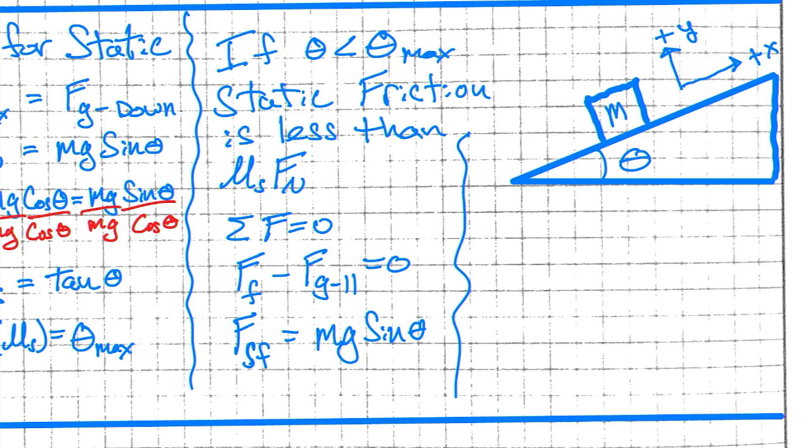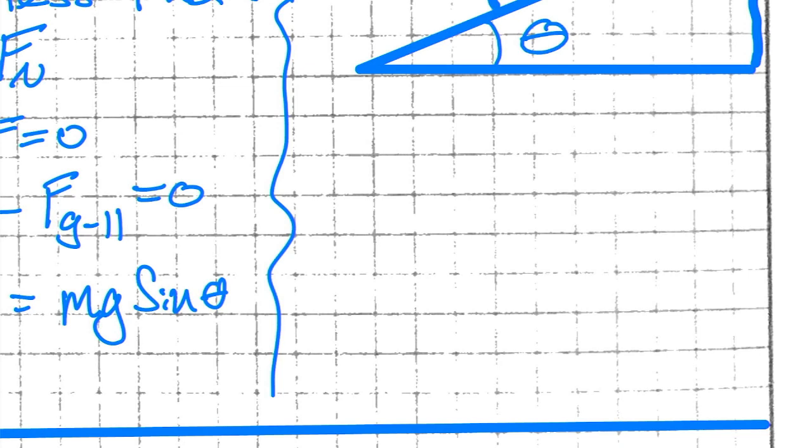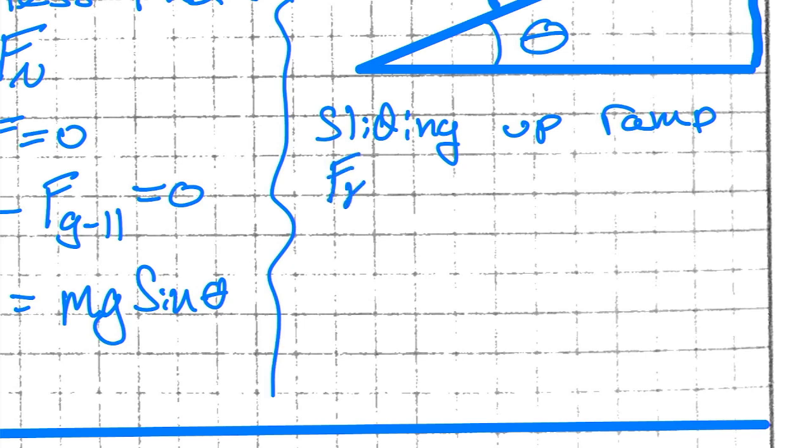Now we'll look at kinetic friction. And for kinetic friction, if we are sliding up the ramp, the force of kinetic friction points down in the same direction as gravity.